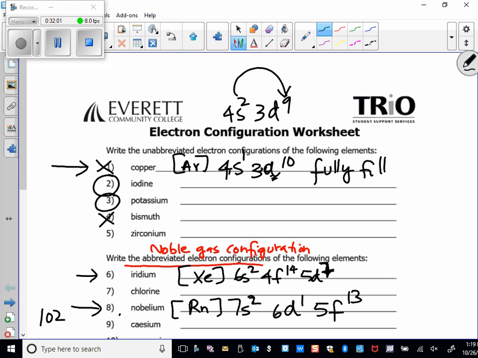Is the d fully filled? And s is half filled. Yes or no?